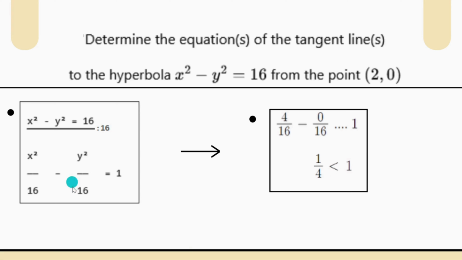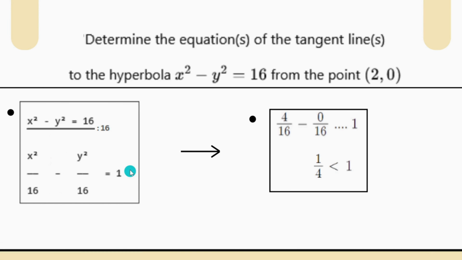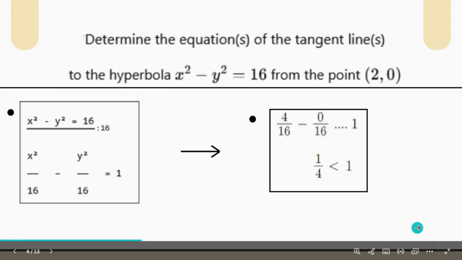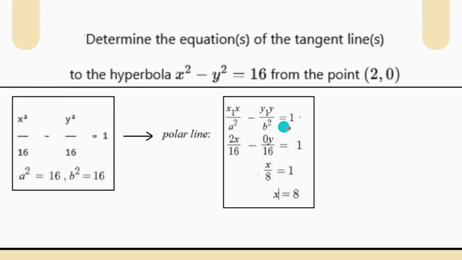We know it is a horizontal hyperbola, right? And the substitution result shows that the left-hand side is less than the right-hand side, so the point is outside of the hyperbola. The next step, we need to find the polar line.